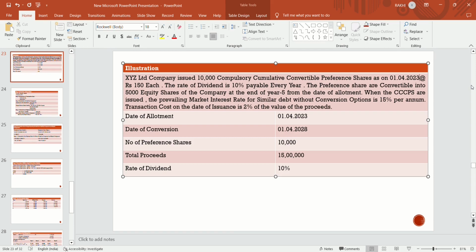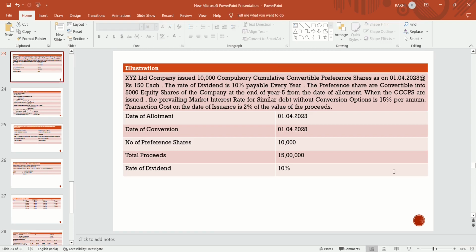Number of preference shares becomes 10,000. Total proceeds become 15 lakhs and rate of dividend is 10%, because in this case the preference shares on which the dividend is to be paid at the rate of 10% are compulsory cumulative convertible preference shares, because 10,000 shares are there which are compulsorily converted into equity at the end of year 5.